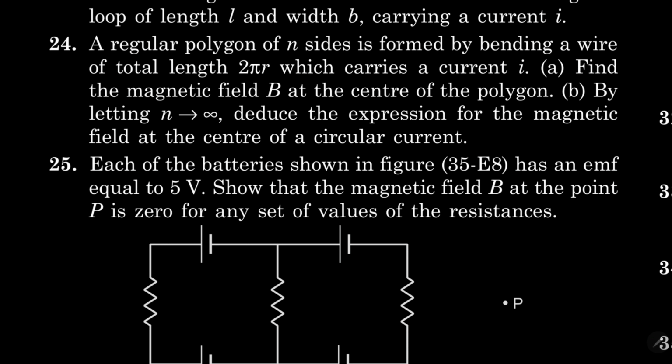In question 24, find the magnetic field B at the center of the polygon, and this is the expression for the magnetic field at the center.